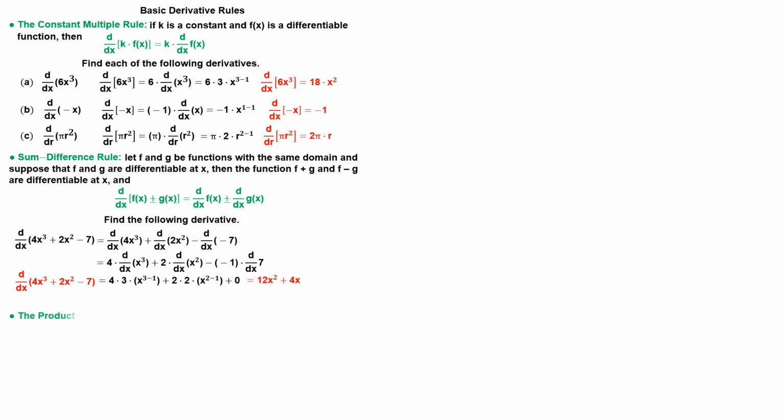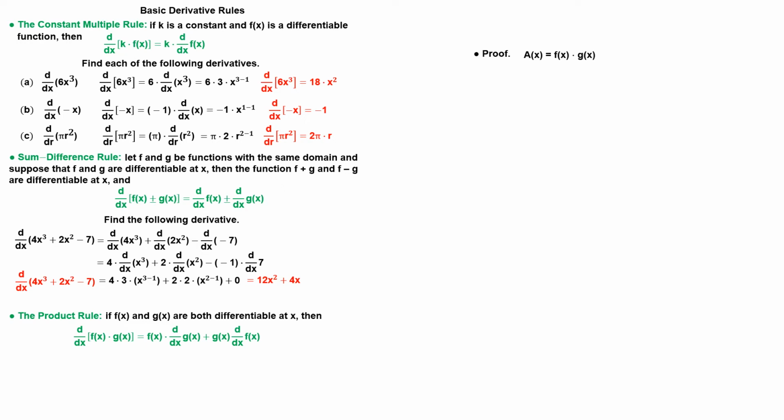The product rule. If f of x and g of x are both differentiable at x, then let's prove this rule. Let a of x equal f of x times g of x. Now we use the definition of derivative along with some algebraic manipulation.